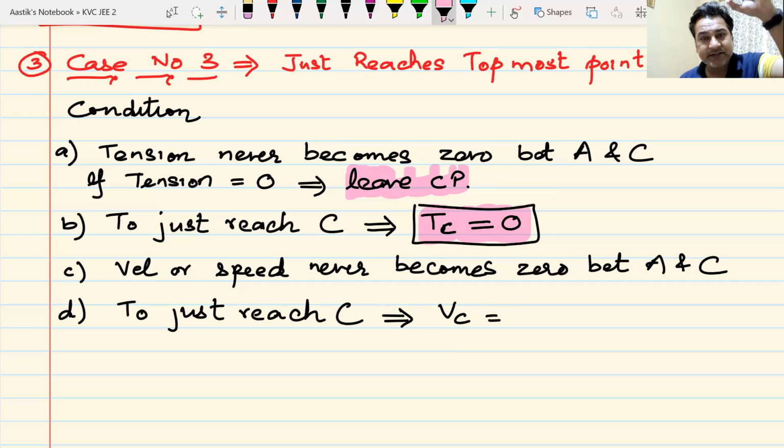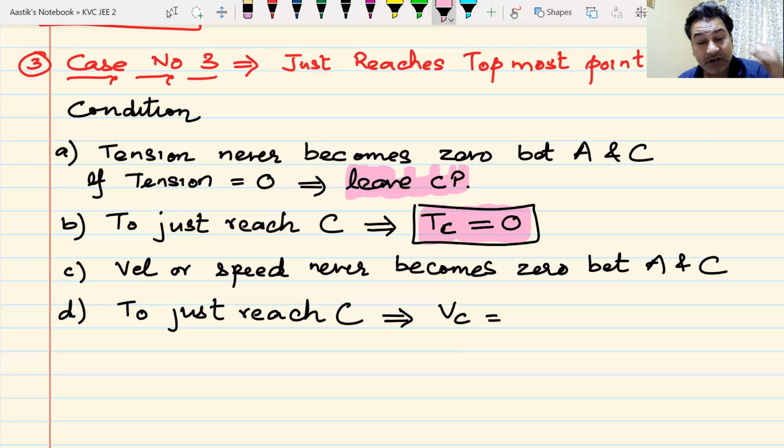That point is point B. We have just seen point B. That is the only point where this can happen. There is no other point in this universe, in this case, where it can happen apart from point B.